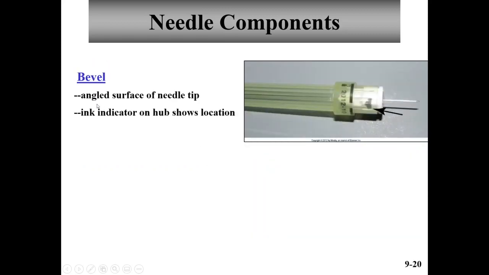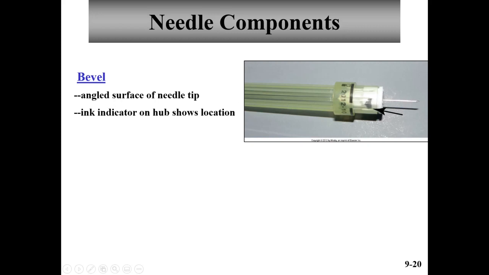So the bevel is the angled surface of the tip of the needle. This is the carpule penetrating end, but you can see the bevel there. The bevel that we're talking about is at the other end, and some needles have a stamped ink mark in the shape of an arrow that shows you where the bevel is on the needle.